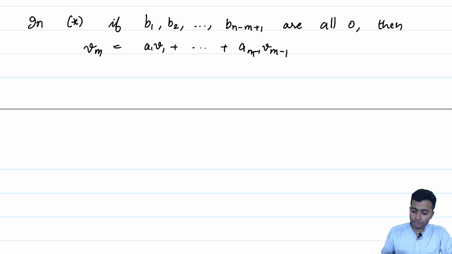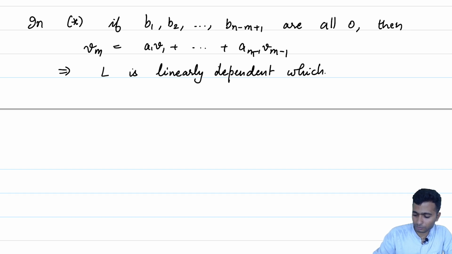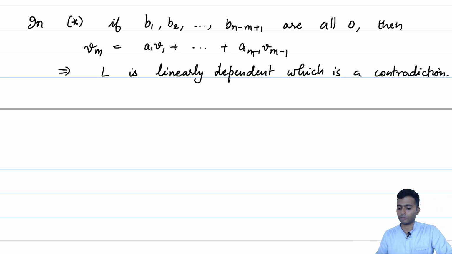But then yet again we are at the same contradiction, this implies that L is linearly dependent, which is a contradiction. And therefore, not all of them can be 0, right? Not all of B1, B2 up to Bn minus m plus 1 are 0.